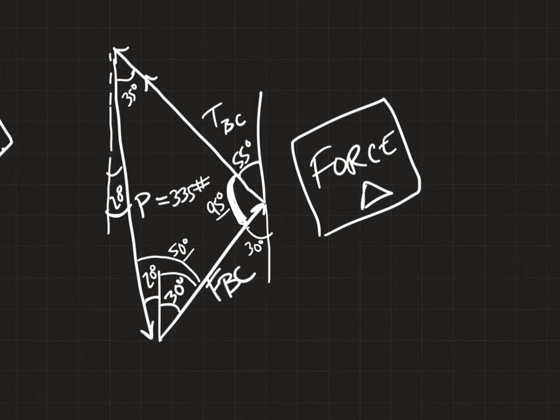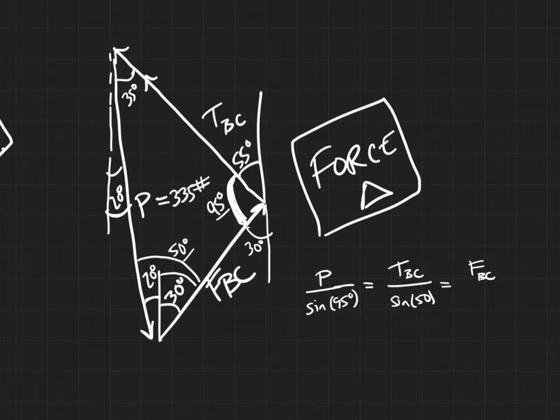So we'll go with P over the sine of 95 equals TBC over its opposite angle, sine of 50, equals FBC. Wait, TBC, FBC.